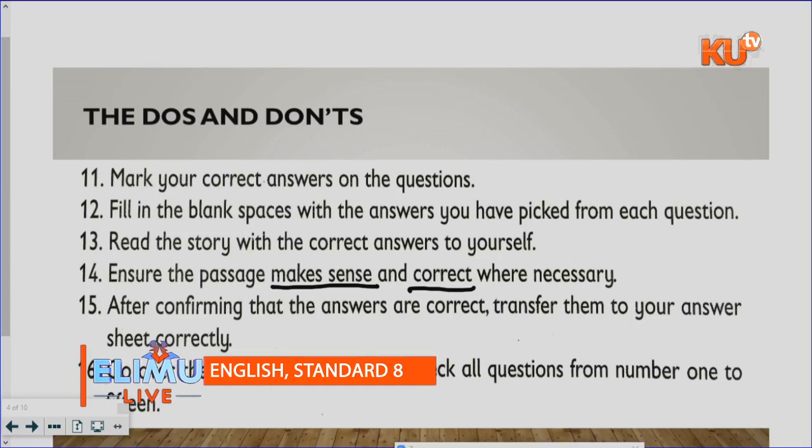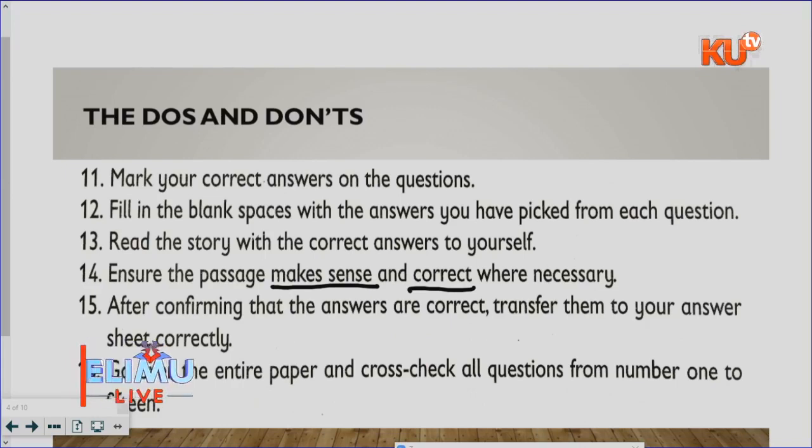So you have to be very careful when transferring your answers from your question paper to your answer sheet. That is the second last process.